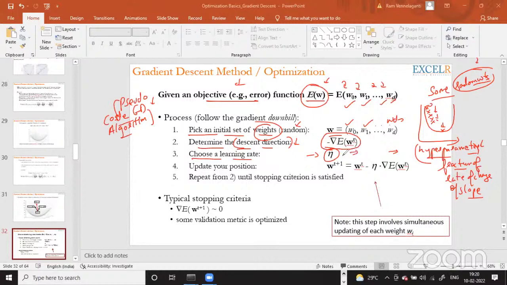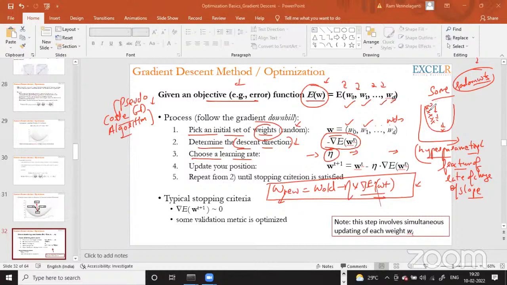That is called the learning rate for us. So now imagine there is some learning rate hyperparameter. Now W new weight is going to be W old weight minus learning rate into your rate of change of slope. This is the formula you are going to use to update your weights.